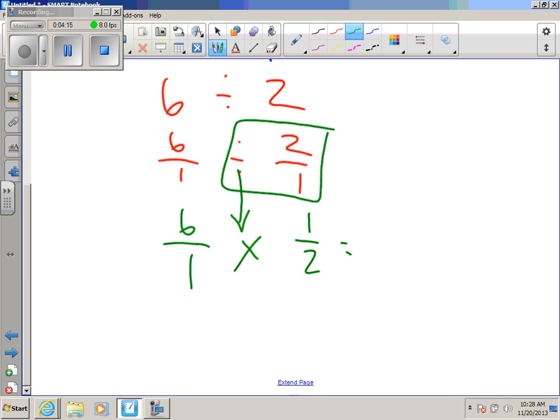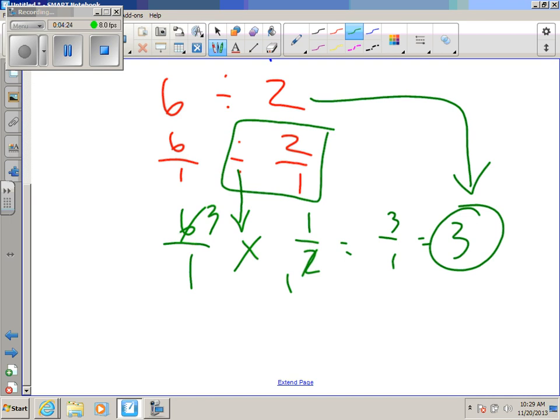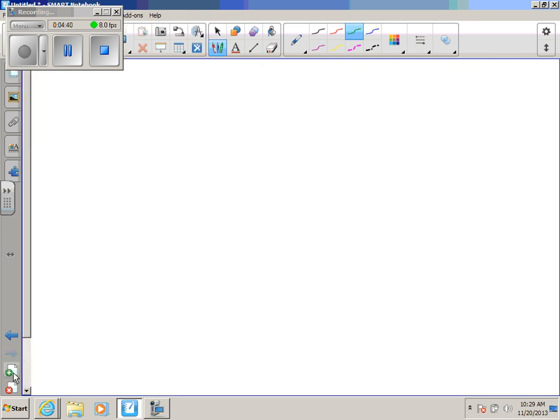Now it looks very similar to the one that we started with. There's the 3, there's the 1. 6 divided by 2 is 3. Okay? Now it's a roundabout long way to get from there to there, seeing as though you knew that 6 divided by 2 was already 3. Using fractions, that's what we need to look at.